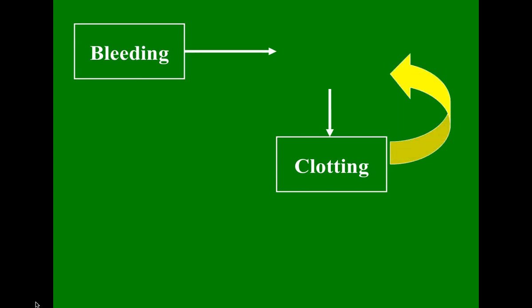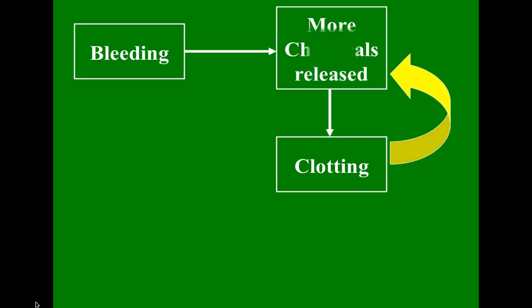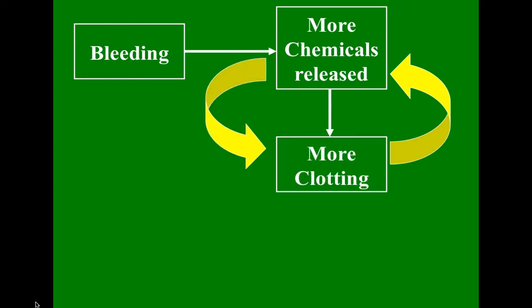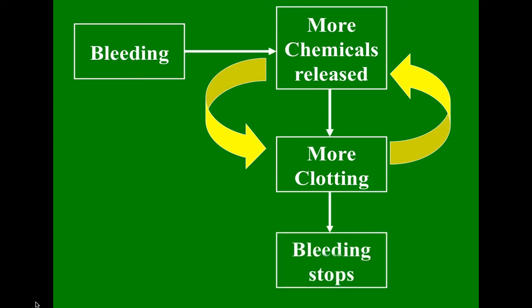It feeds back, and as the bleeding continues, we get more chemicals released, which causes more clotting to happen. So you can see how we get in a circular pattern here, and this will continue. We will get more clotting and more chemicals released, and more clotting is going to increase exponentially until the bleeding stops, and that will actually cut off the feedback mechanism and stop the response.